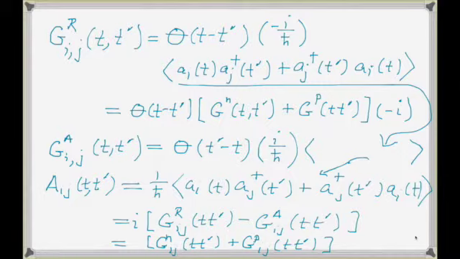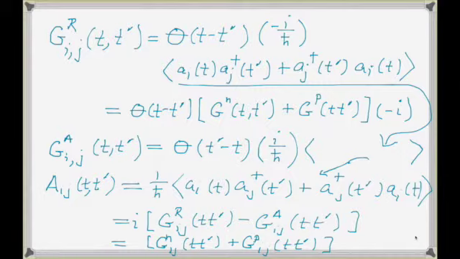You can write these all by replacing all the a's with your field operators, your psi and psi dagger, and then you have your retarded Green function and everything in terms of your position representation, r and r prime. So instead of i and j, you'll have r and r prime and t prime.